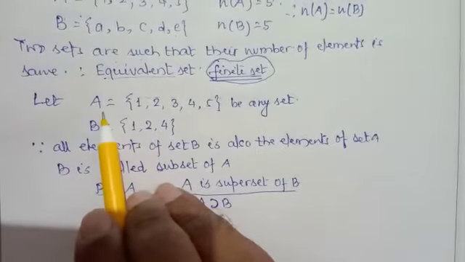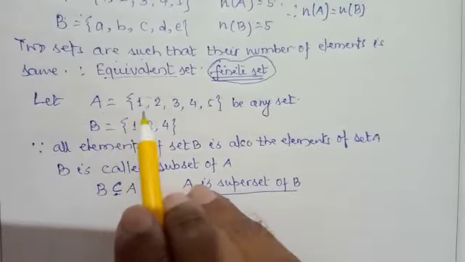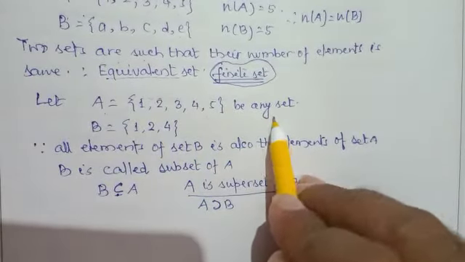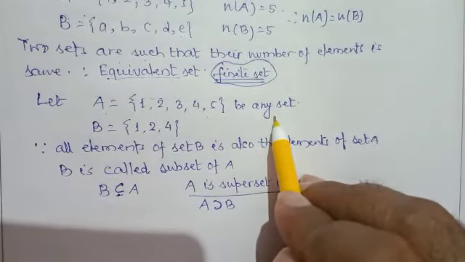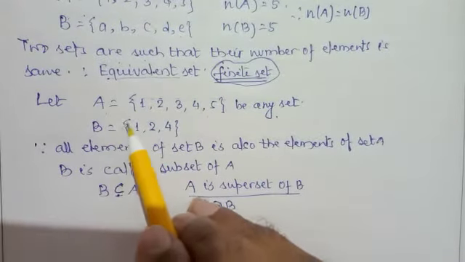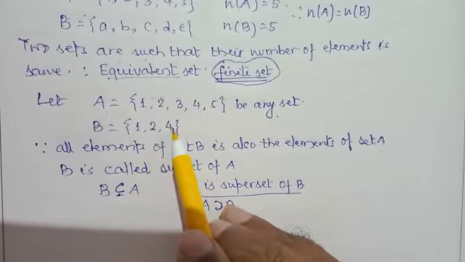Consider a set A whose elements are 1, 2, 3, 4 and 5, or you may say any non-empty set, and set B has elements 1, 2 and 4.